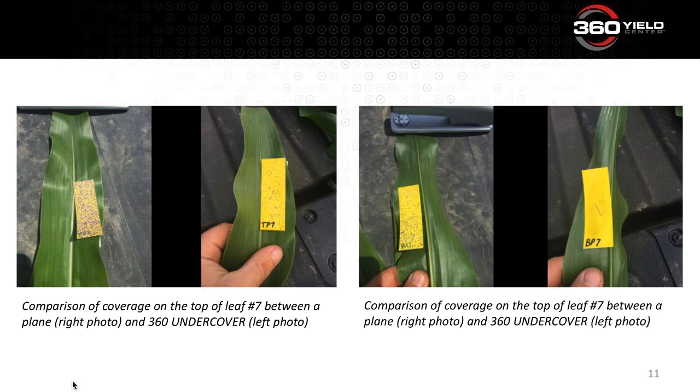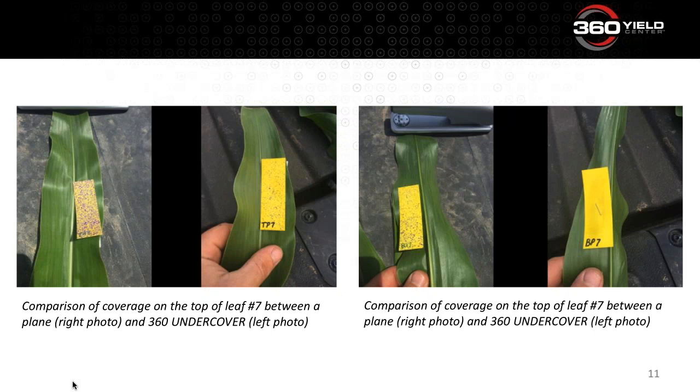What you'll see on the very left picture is the top of the 7th leaf of that corn plant where we had the water sensitive paper, and you can see that coverage. It looks a lot like the slide I showed a while ago. Very good coverage. And even on the bottom of that leaf, which is the next picture to the right, the bottom of leaf 7, we see very good coverage from the undercover getting the underside.